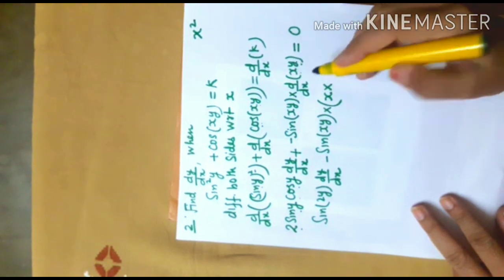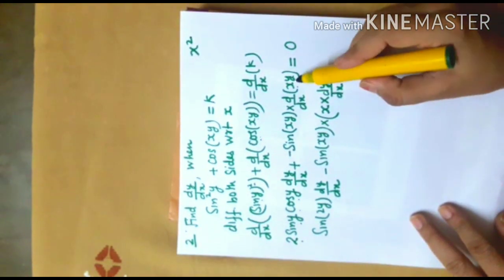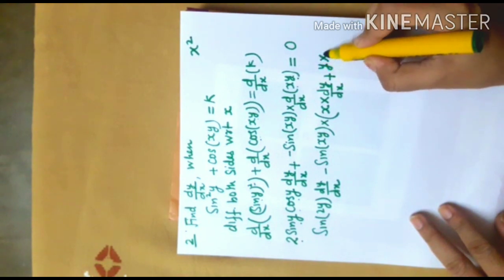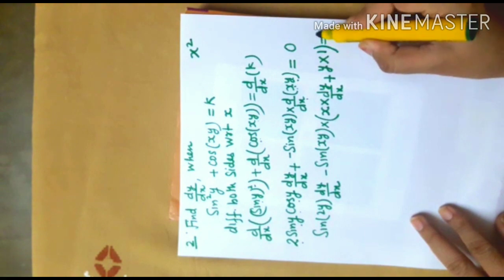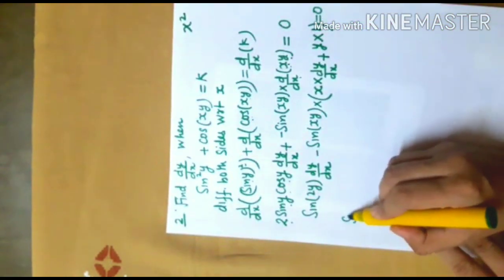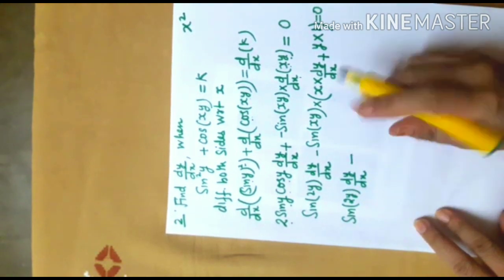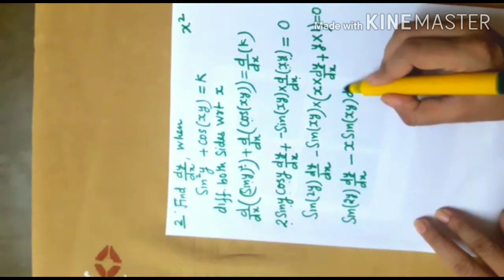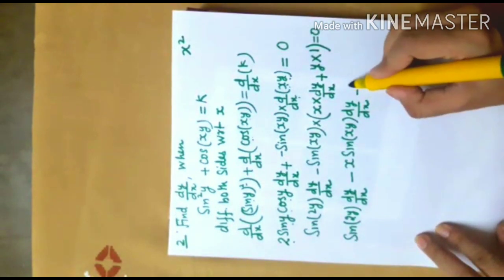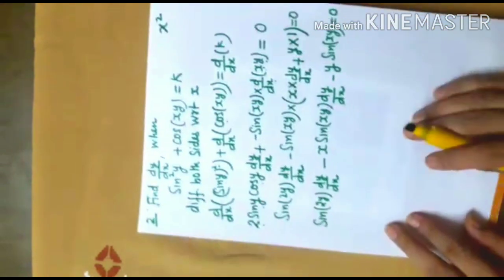So derivative of y with respect to x will be dy by dx, plus second function, that is y, into derivative of first function with respect to x. So derivative of x with respect to x is 1, and here it is 0. So we have sine 2y dy by dx minus, open the bracket, x into sine xy dy by dx minus y sine xy equals 0.